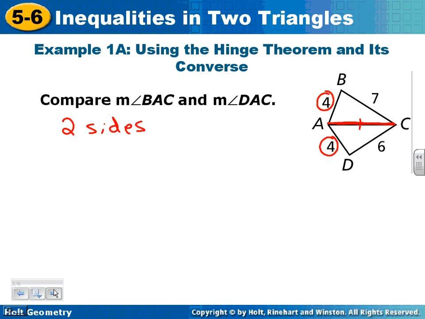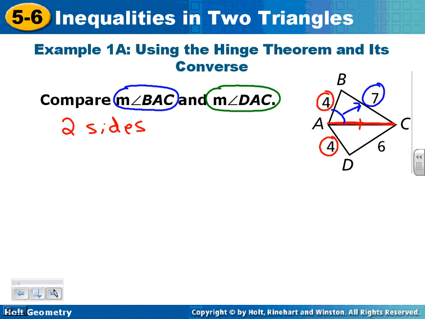So here's my direction. Change to blue. It says compare the measure of angle BAC. Let's go find BAC. BAC will be this angle right here. Notice the opposite side has a length of 7. Back to the directions, I also have to compare the measure of angle DAC.